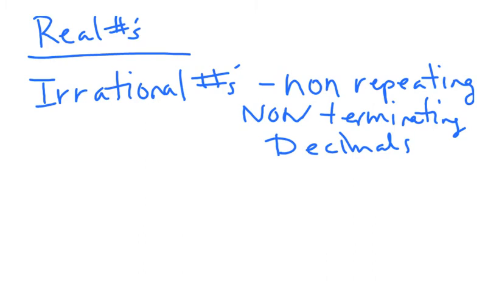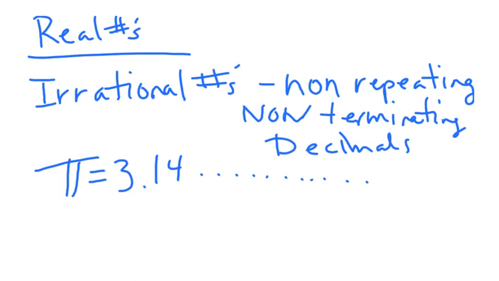And the only things that actually are like that are the number pi. Okay, that's irrational because we use 3.14, but it goes forever and ever. And it never repeats and it never terminates. It just keeps going. Pi is irrational.